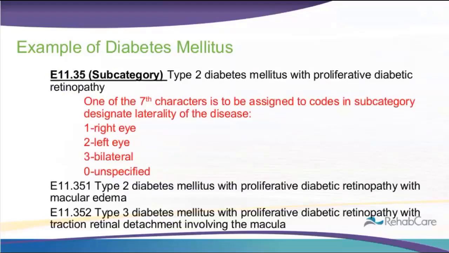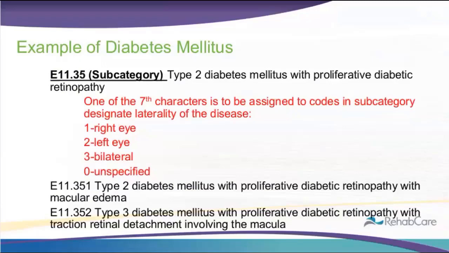Okay, so I want to show you what the subcategories look like. E11.35 is type 2 diabetes mellitus with proliferative diabetic retinopathy. Under this one, this is where you're getting into the laterality. You have to code a 7th character in the subcategory to designate the laterality of the disease.